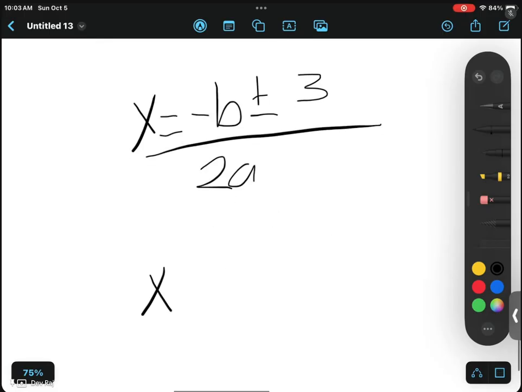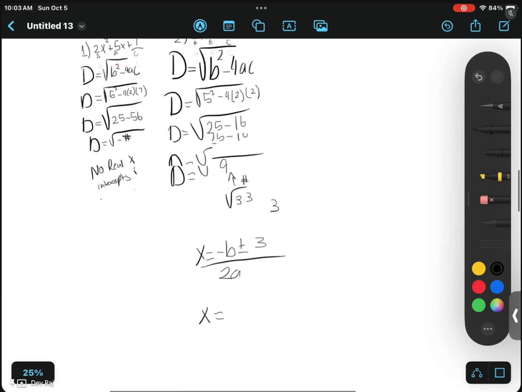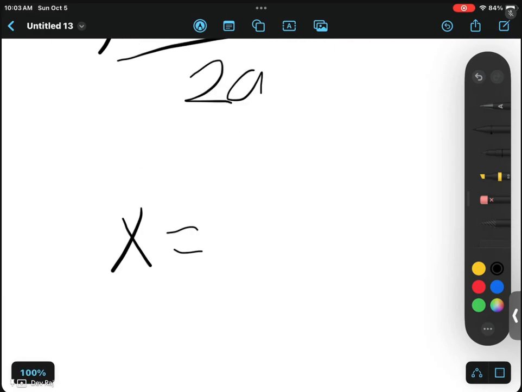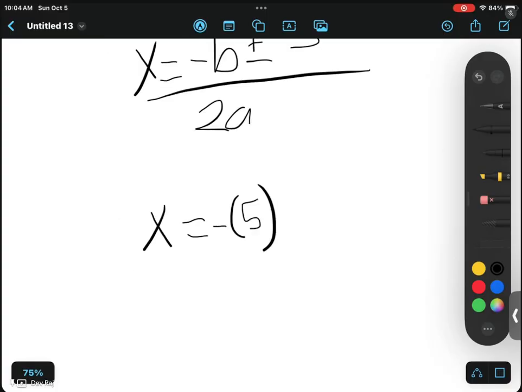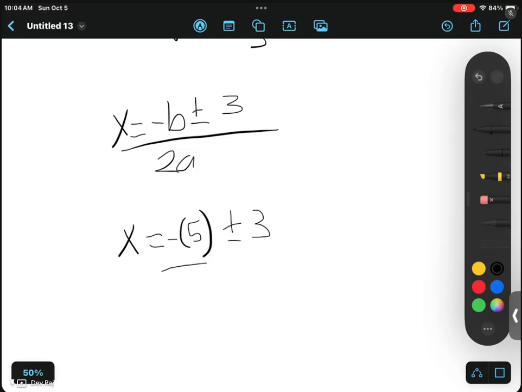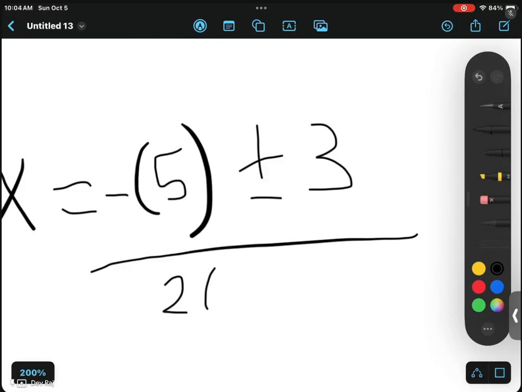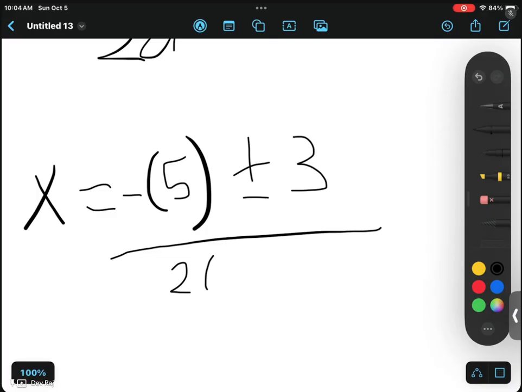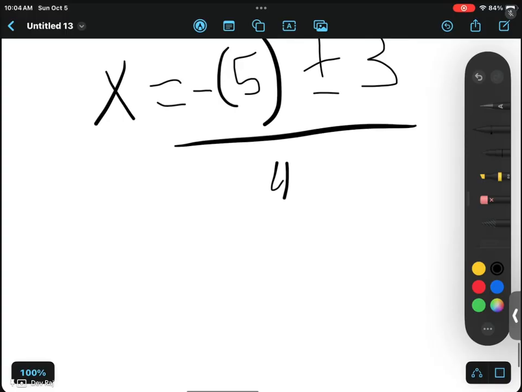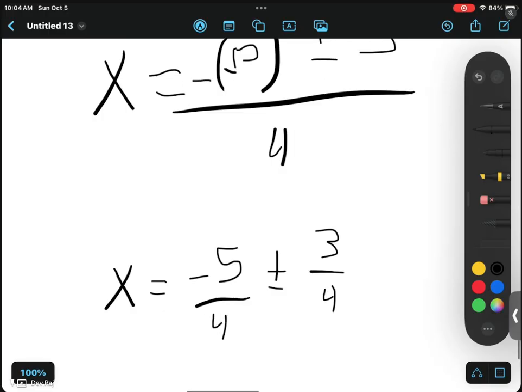So then x is equal to, what is our b value? It's 5, so it becomes negative 5 plus minus 3 over 2, which our a value, it's also 2, so this would just become 4. So then our x is equal to negative 5 over 4 plus minus 3 over 4.